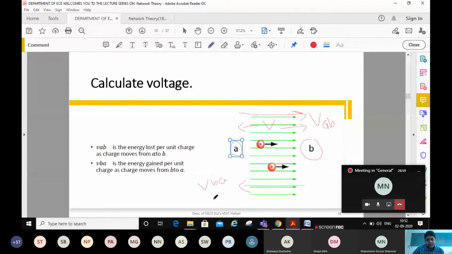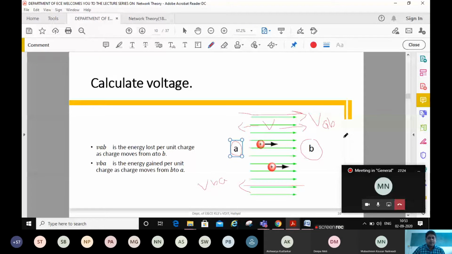Now from the previous discussion, we already know what this picture indicates. Can anyone tell what is the state of the charge, whether they are gaining energy or losing energy? Hello, please be interactive.